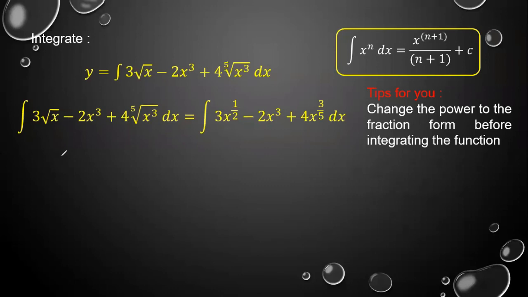Remember this exponent concept. a to the power of n over m equals the m-th root of a to the power n. So when we have the fifth root of x cubed, we can simplify as x to the power 3 over 5.